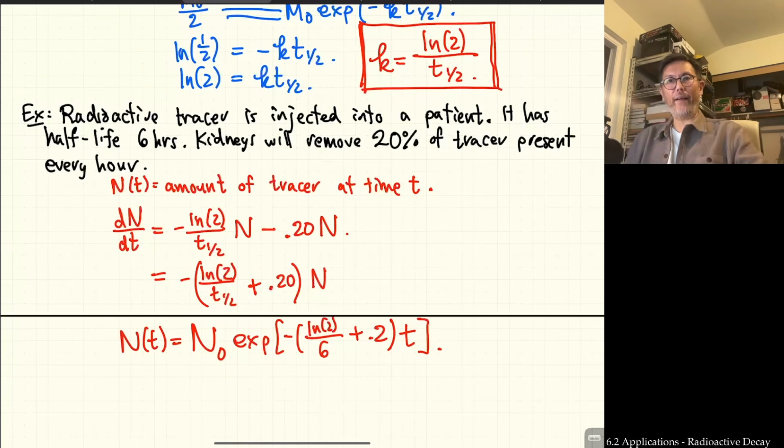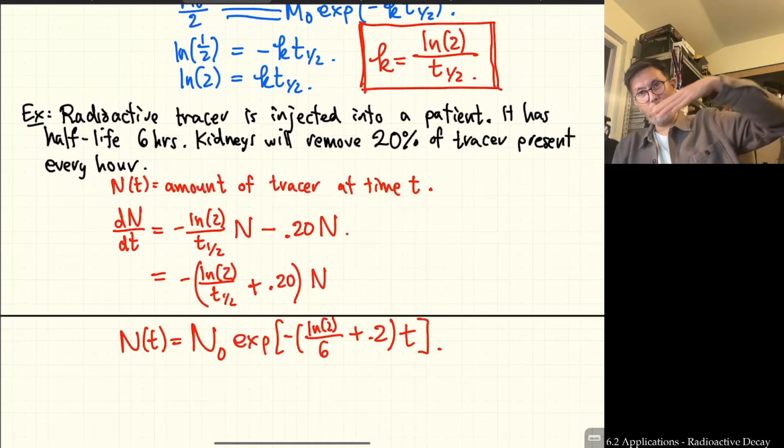But if we know that, then we can answer lots of different questions. We can, for example, figure out how much tracer will there be in the body after 3 hours, after 6 hours, after 10 hours. And because we have this decaying exponential, over time it's going to go to 0.